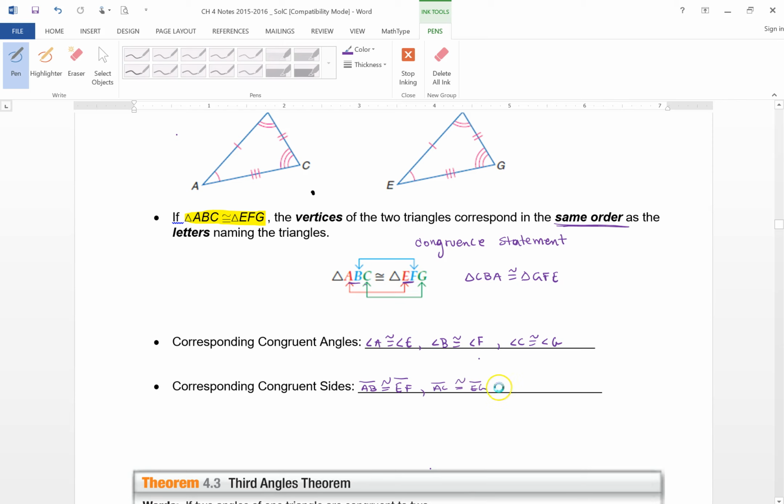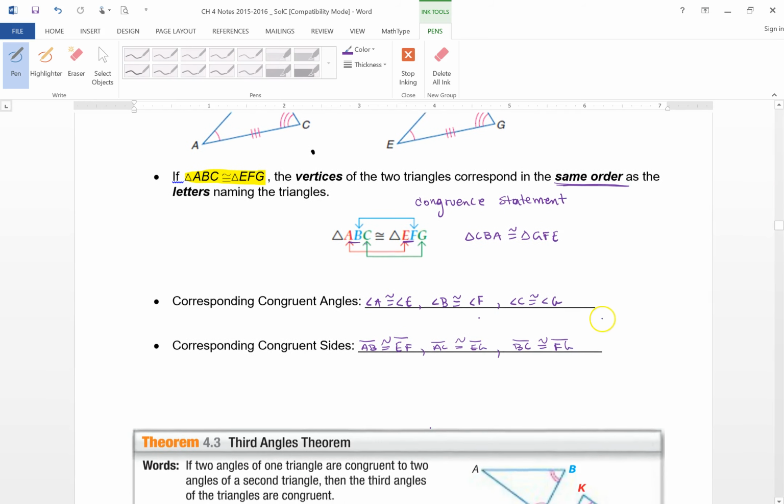EG. And the last one is segment BC, and that's congruent to segment FG. Okay? If you don't maintain the order, you will not get full credit. So please watch out for this.